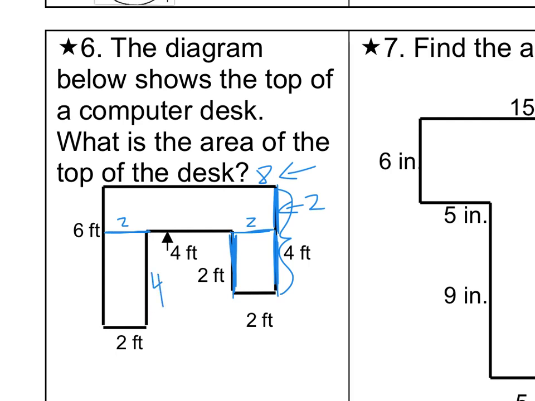All right, so we have a 4 by 2 down low, which is 8 square feet. We have the 8 by 2, which is 16 square feet. And then we have the 2 by 2, which is 4 square feet. And now I just combine those to get 28 feet squared as our total area.